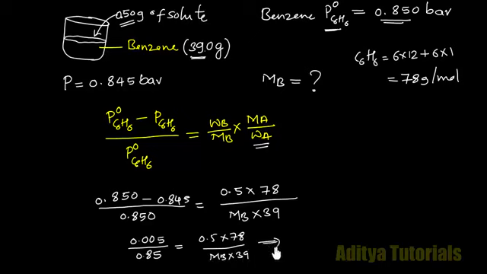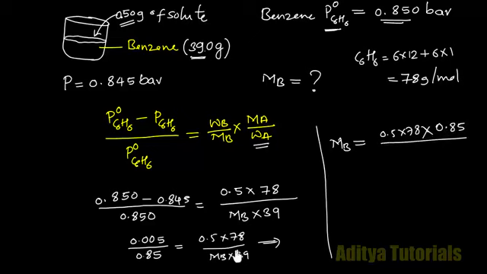So this implies, some solutions here I will do, that is MB is equal to, I take MB on this side, it becomes 0.5 into 78, and this denominator will move to the other side and become a numerator, 0.85, that should be divided by 39, that should be multiplied by this quantity.